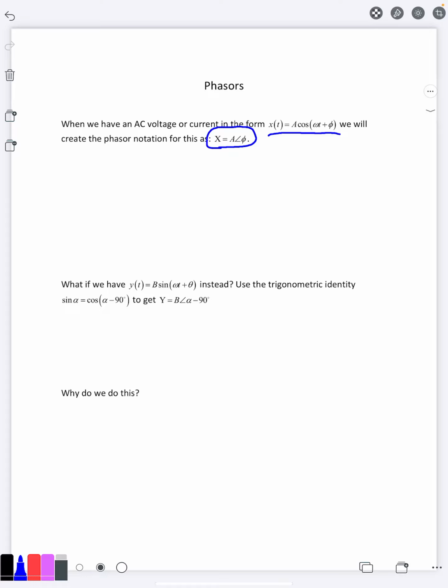And let me point out what we're really doing here. We have a voltage that is A cosine omega t plus phi, and that's what we have physically present in our circuit. That's what our voltage source is going to be providing. And we're going to pretend that it also has this second term that's imaginary, j A sine of omega t plus phi.